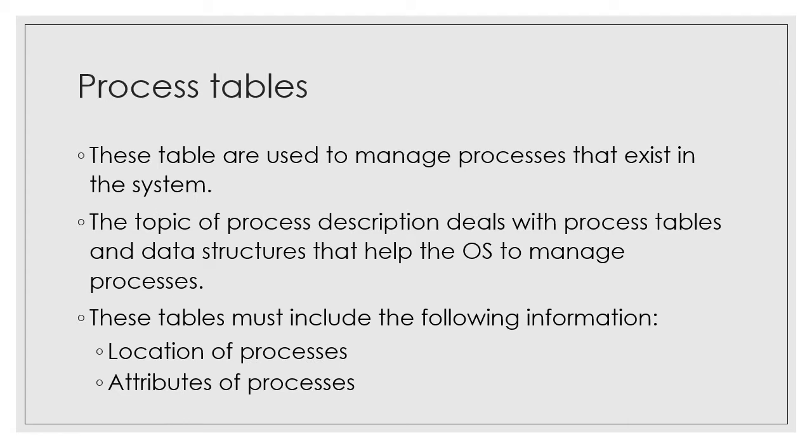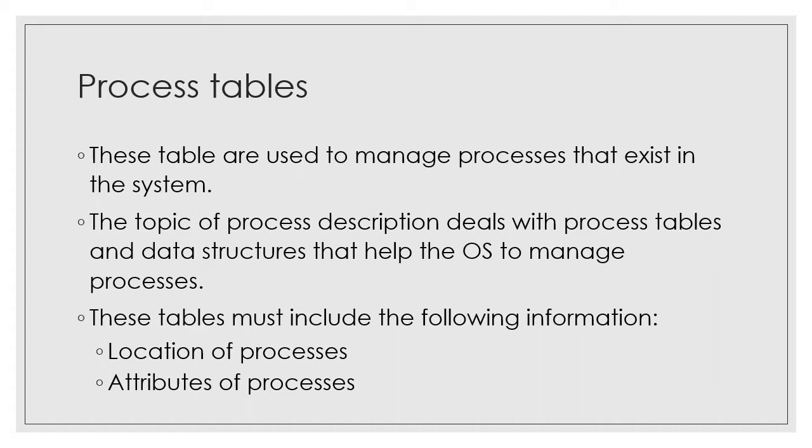Process tables are used to manage processes that exist in the system. The topic of process description deals with process tables and data structures that help the OS to manage processes. So the rest of our discussion will be relevant to process tables.